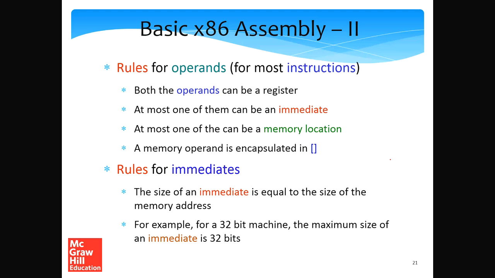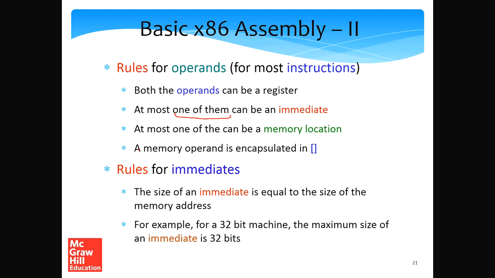Here are some additional points. At most one of them can be an immediate. Both cannot be an immediate or a constant, right? That is meaningless. One of them has to be a variable, which means stored in a register or memory. But at most one of them can be an immediate, not two.